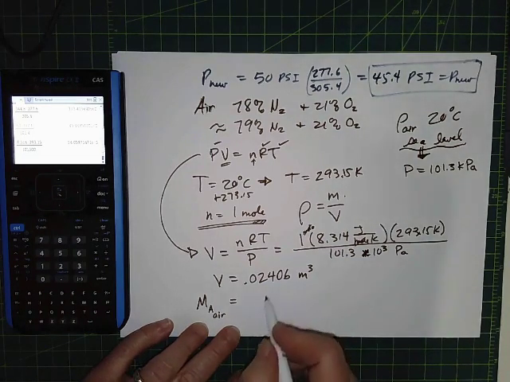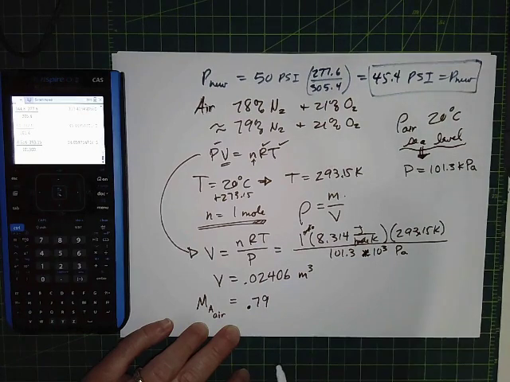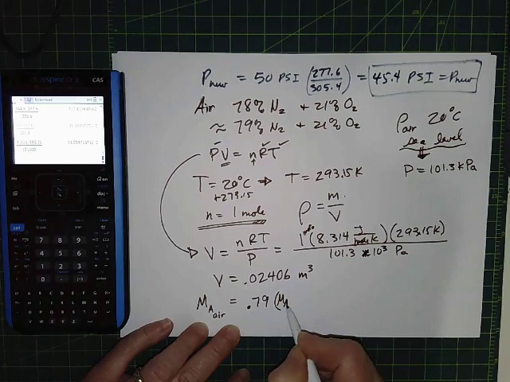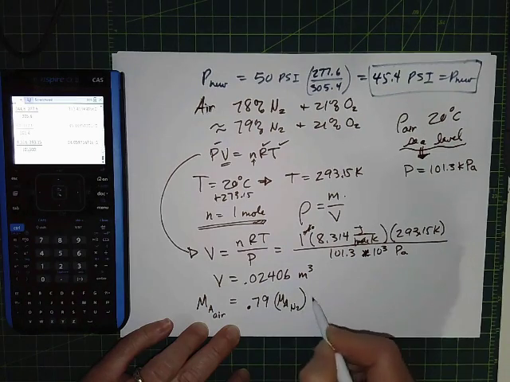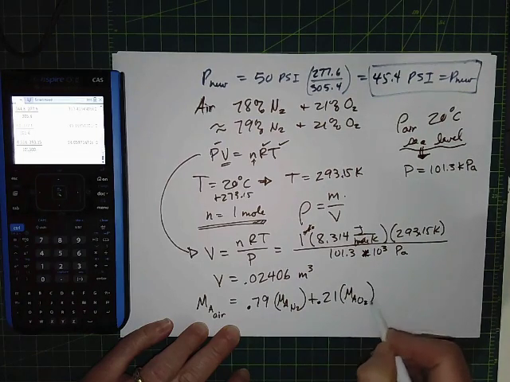So we're going to take 79%, which as a decimal is 0.79, times the molar mass of N2, plus 21%, or 0.21, times the molar mass of O2.